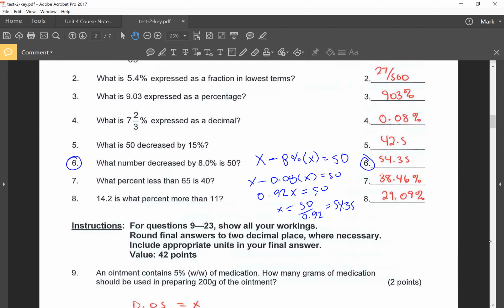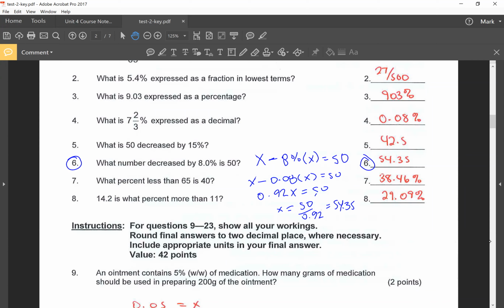Now, again, think of the logical nature of that number. If there were 15 people who did the test, 10 of you put a number there that was like 100 or 500, 600, 700. That doesn't really make sense. If I took 600 and decreased that by 8%, it's not going to be anywhere near 50.